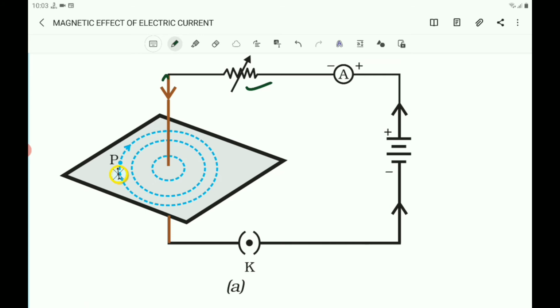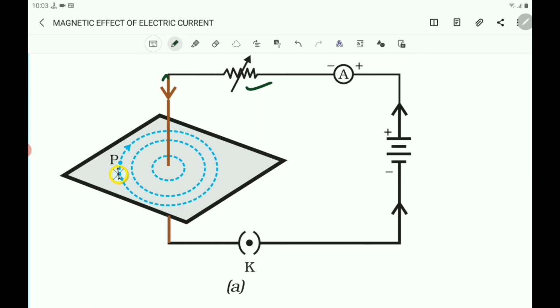Otherwise, keeping the resistance constant, you can change the voltage of the battery. That is, you can take more cells to increase the amount of current, or fewer cells to decrease the amount of current.